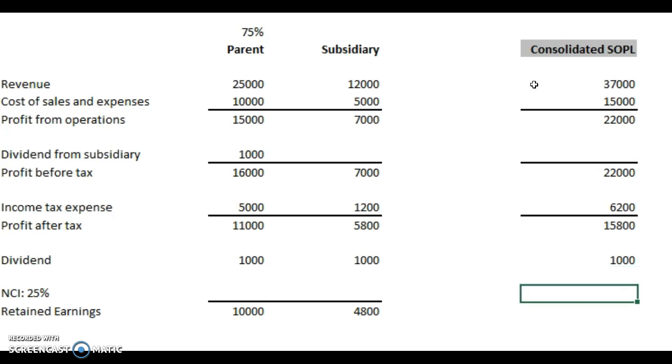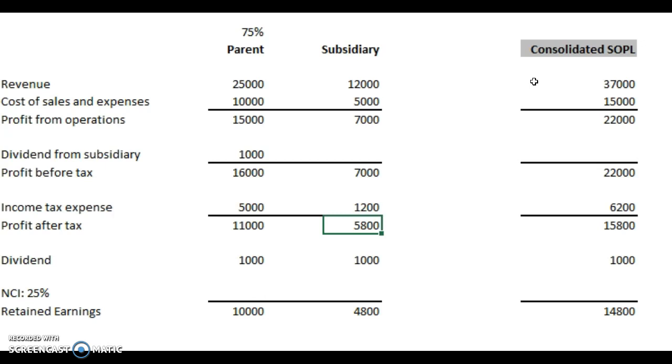Okay, so now we've got a figure here. If we just added these together, this, less the dividend, 14,800, that's exactly where we were last time. Now, of course, we're not quite finished because the non-controlling interest owns 25% of this profit after tax, 25% of the subsidiary.